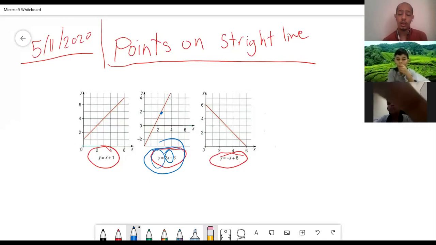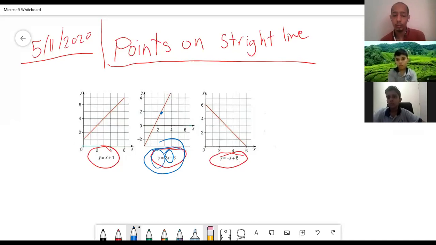Yesterday we said that an equation is different from a function. With a function, what we are interested in is to find the value of y when x equals any value.